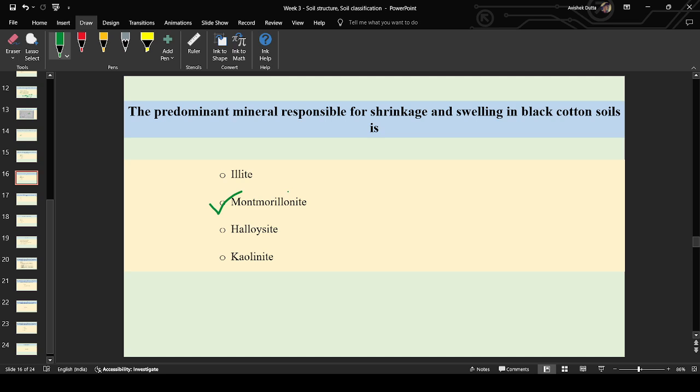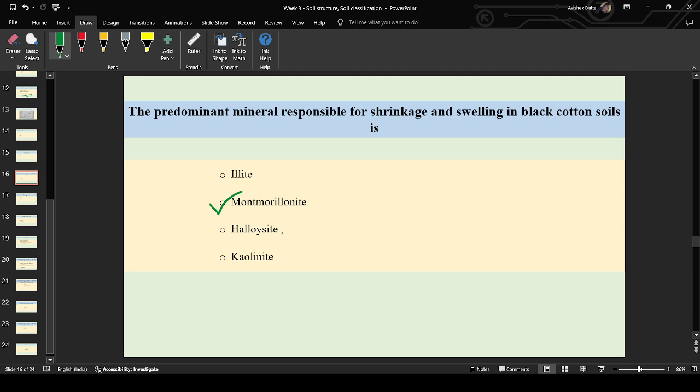Now, among these, which are comparatively stable minerals? By stable, I mean they have almost no interlayer swelling. There is no interlayer swelling in two among these three other minerals. There is Kaolinite, yes, kaolinite and halloysite also.